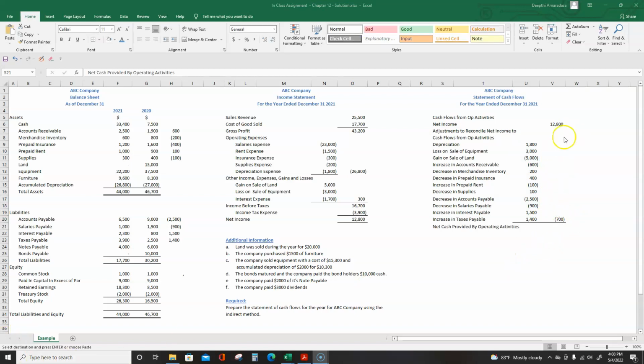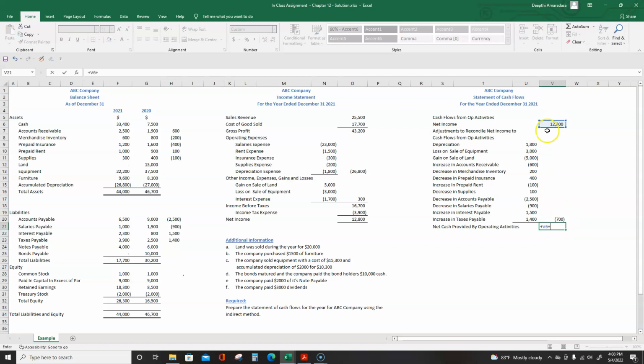The next step is to total net income and the sum of all the adjustments. We call this net cash provided by operating activities. The reason we call it provided is that you're going to find that the total of these two is a positive number. If it was a negative number, you're going to call it net cash used by operating activities.